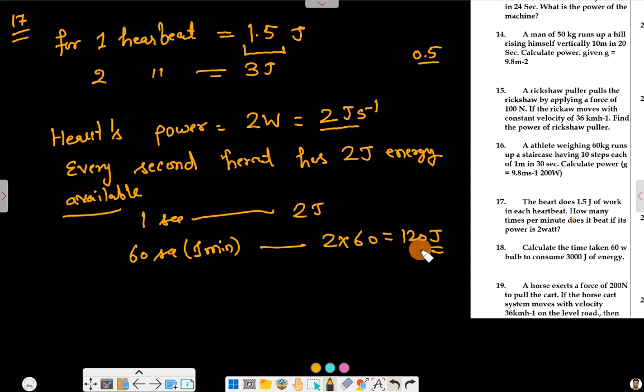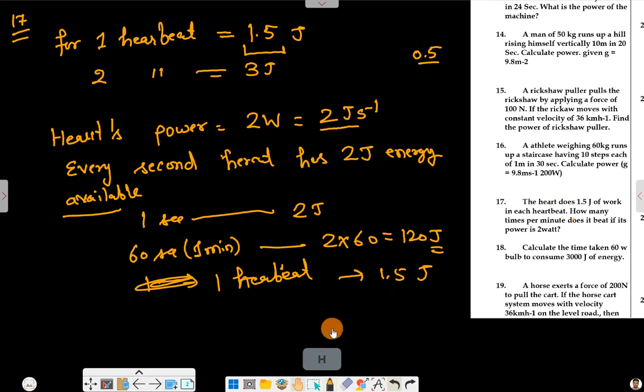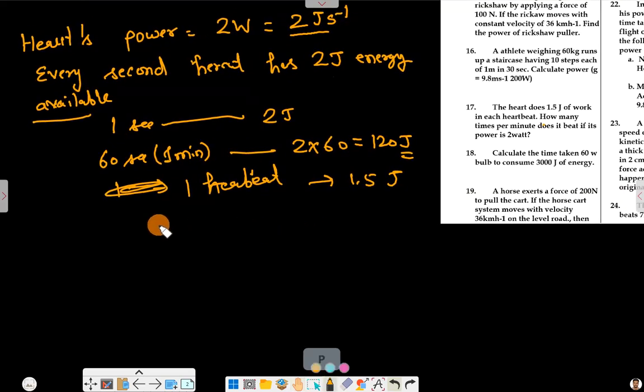Now for one heartbeat it takes 1.5 joule, or you can simply reverse it: in 1.5 joule the heart beats one time. We are just reversing it.